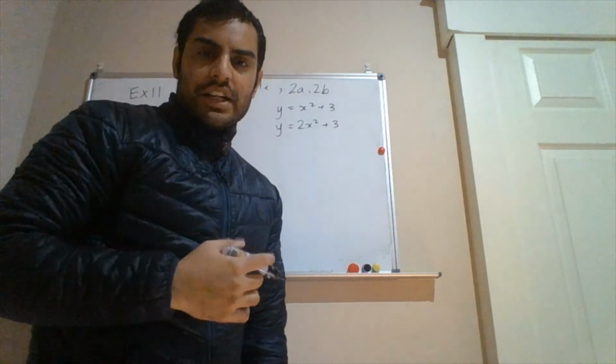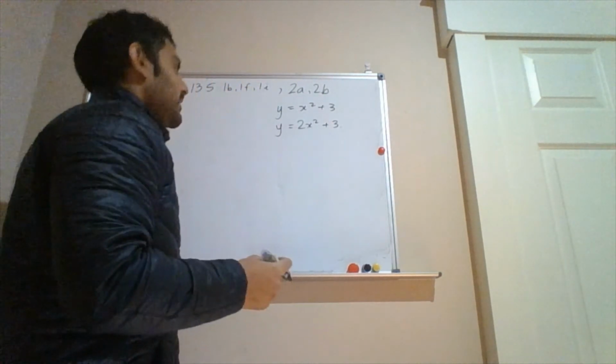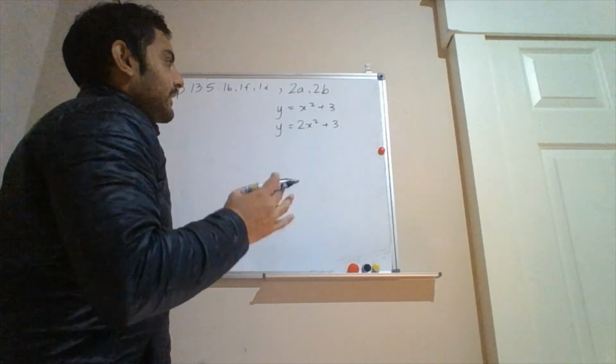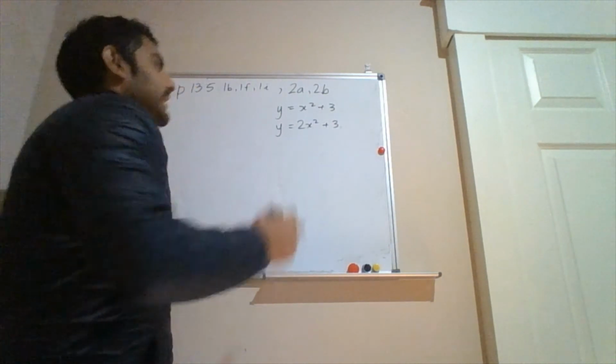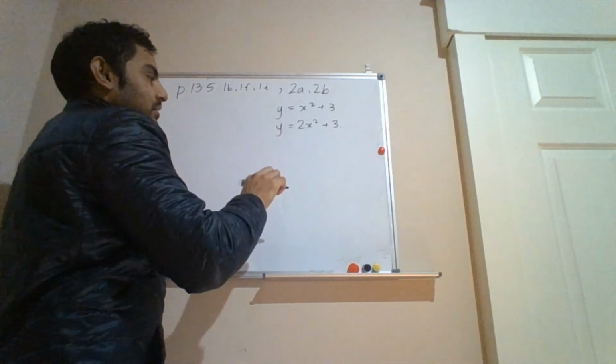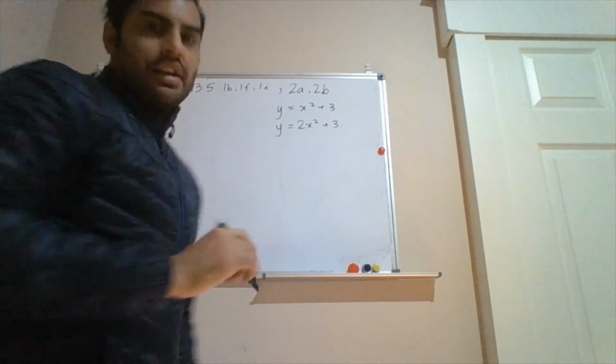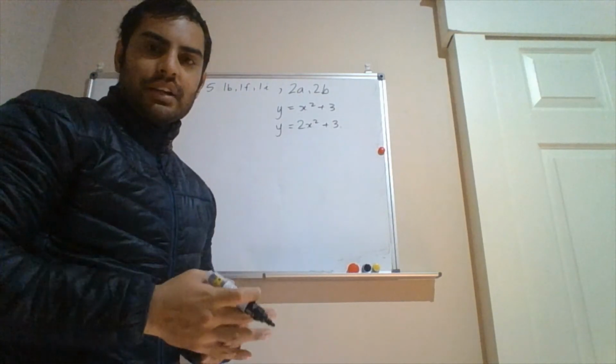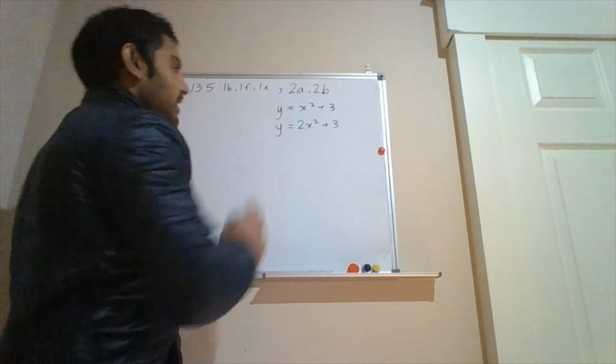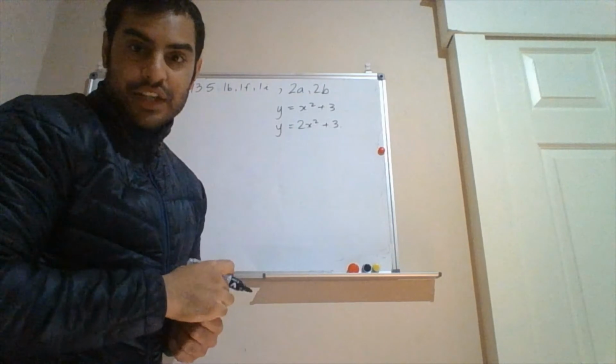So these are not very difficult to plot, and I think the understanding here is, if you look at the difference between the two, there's a 2 coefficient in front of the x squared, and this question is maybe looking at how this coefficient affects the overall shape of the graph.